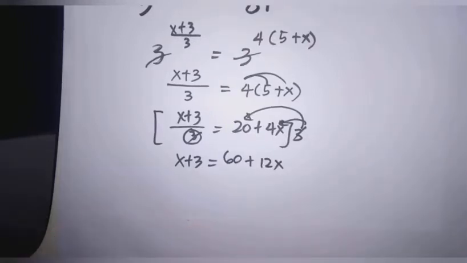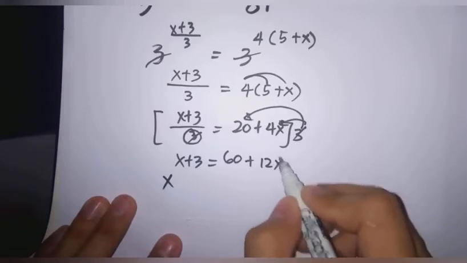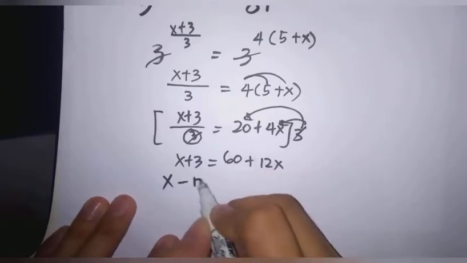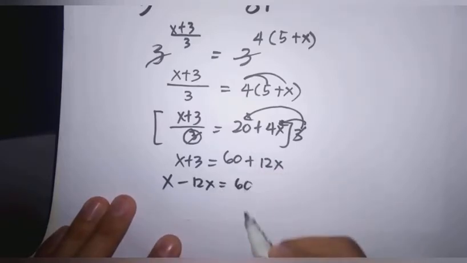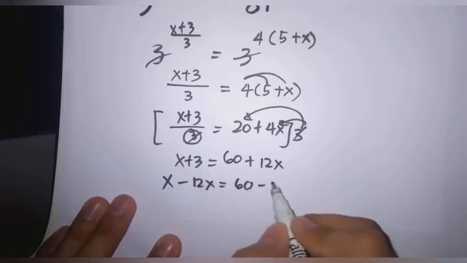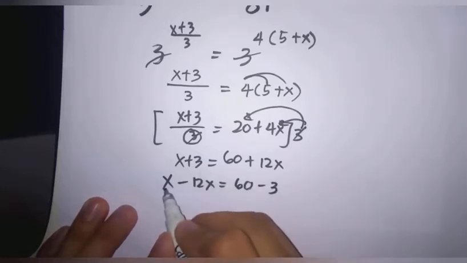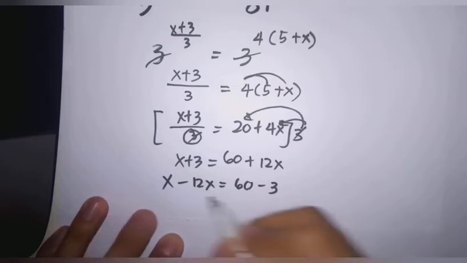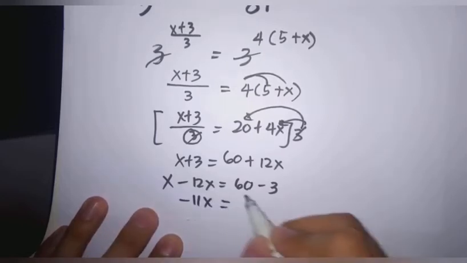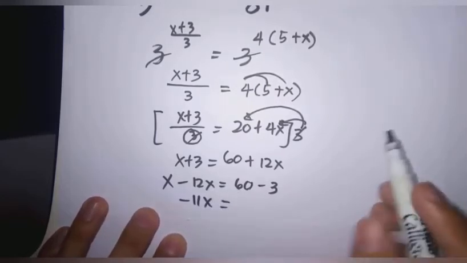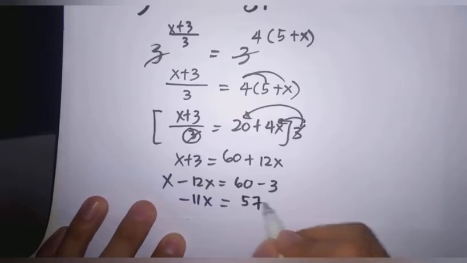Ngayon, pagsasama-samahin na natin sila. X, then yung 12x, ilipat natin sa kabila, nagiging negative 12x. X minus 12x, that is negative 11x. And 60 minus 3, that is 57.